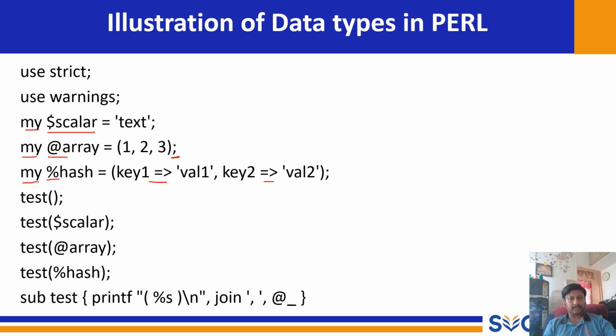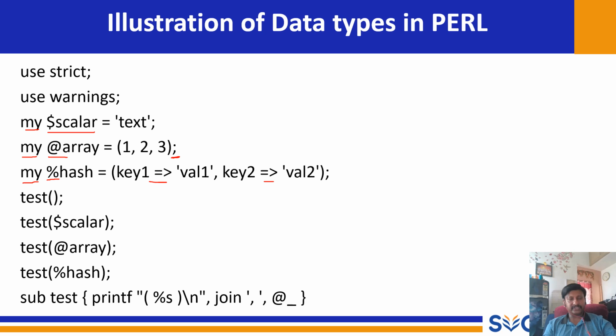function, which is actually a user-defined subroutine. If you want to define a subroutine, you have to define it like this. I'm giving some user-defined functions; subroutines are generally called functions.